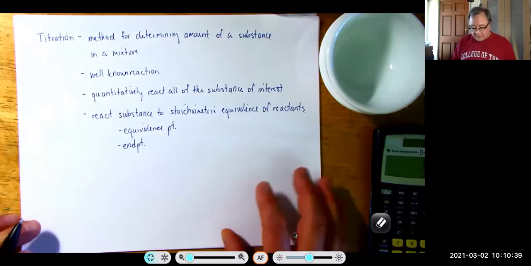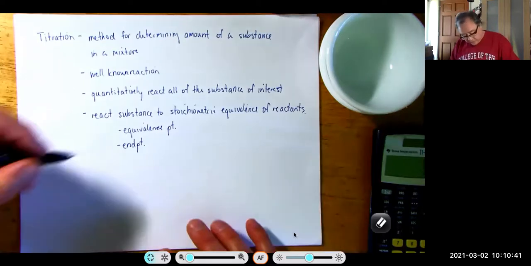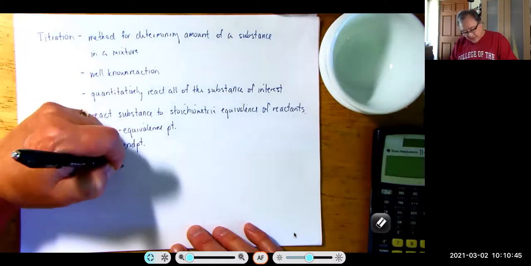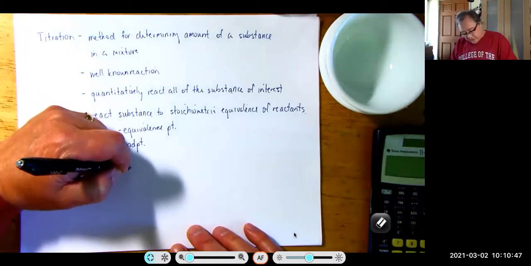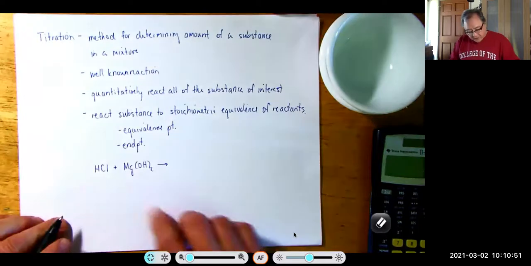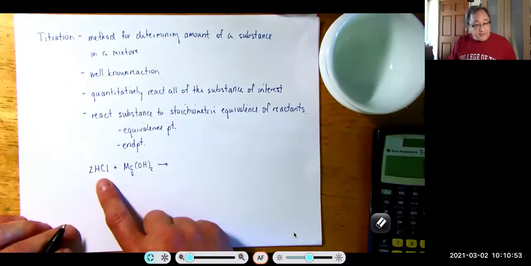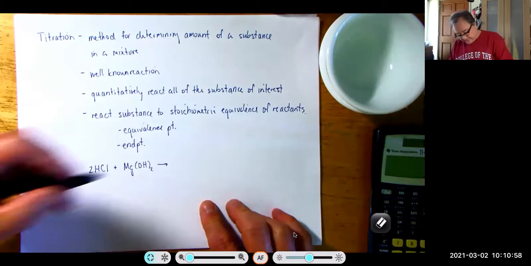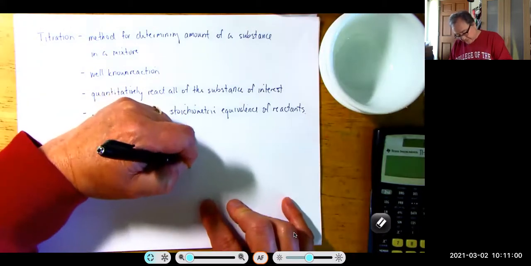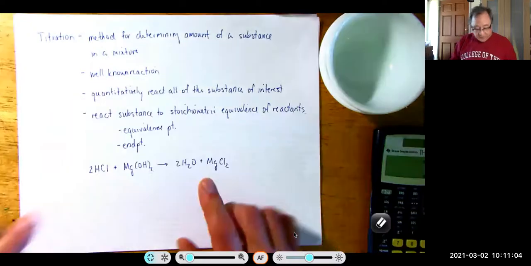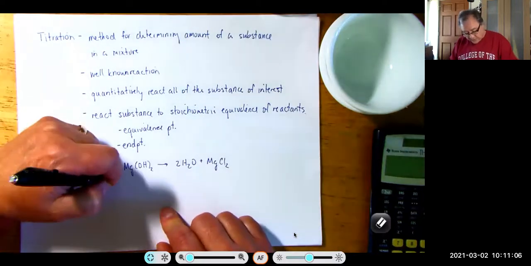Okay, and so what do I mean by stoichiometric equivalence? Well, if we were reacting hydrochloric acid and say magnesium hydroxide, the reaction requires 2 moles of hydrochloric acid to 1 mole of magnesium hydroxide. So the stoichiometric equivalence would be 2 to 1.